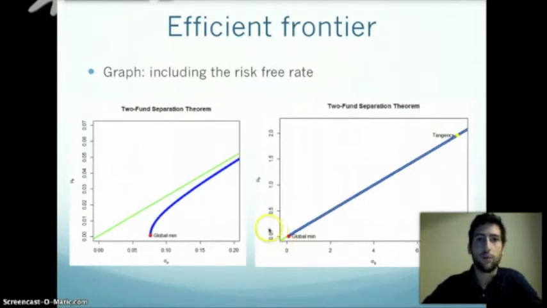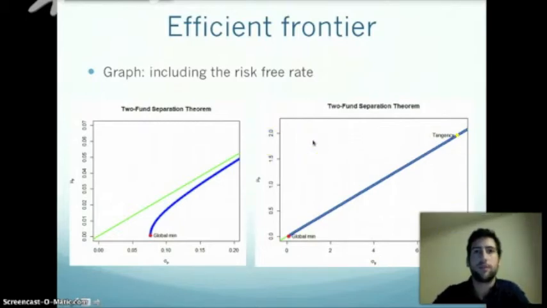In this slide, we introduce the risk-free asset, which induces the appearance of the capital market line. There are two graphs, because on the first one, we cannot see the tangency portfolio. Indeed, its return and its variance are very high.